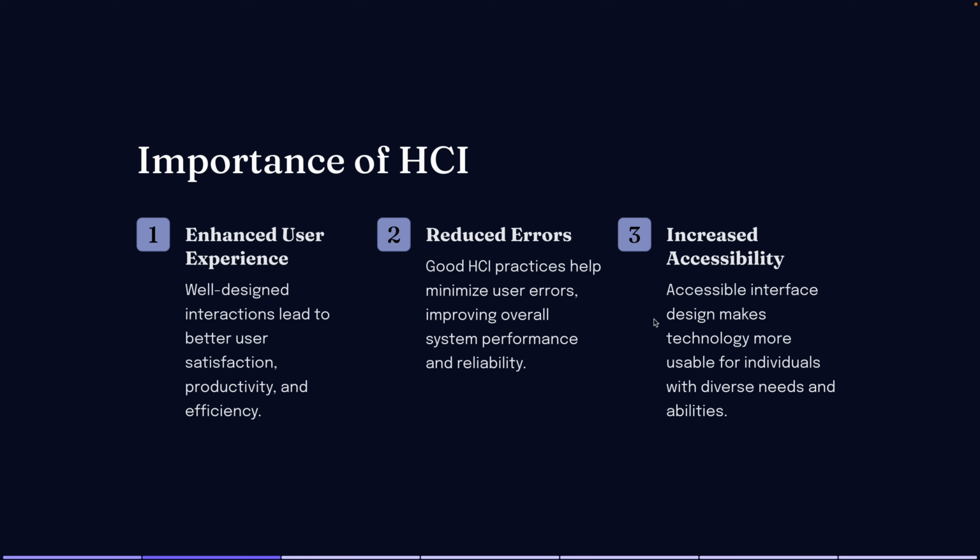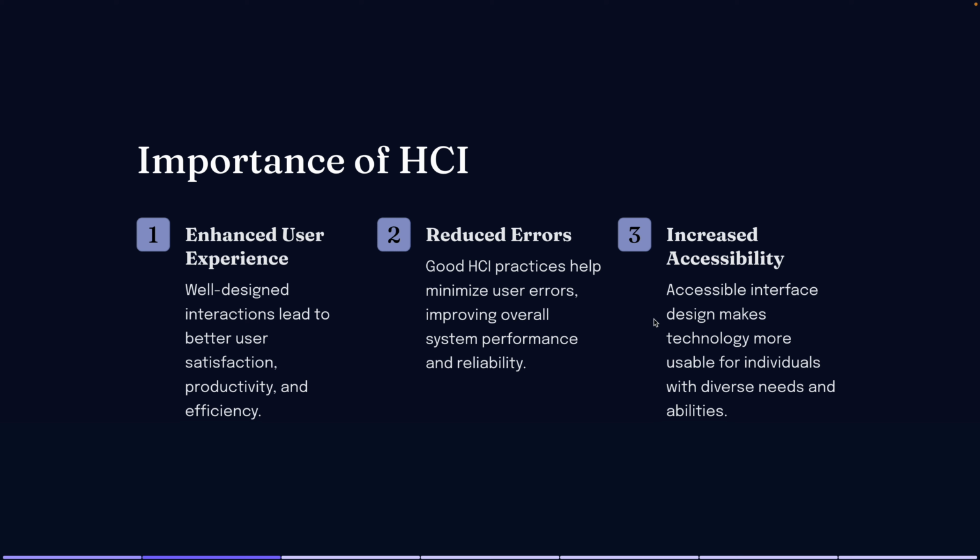And the third one being increased accessibility. Accessible interface design makes technology more usable for individuals with diverse needs and abilities. Incorporating HCI principles ensures that tech is accessible to a diverse range of users, and this includes those with disabilities.